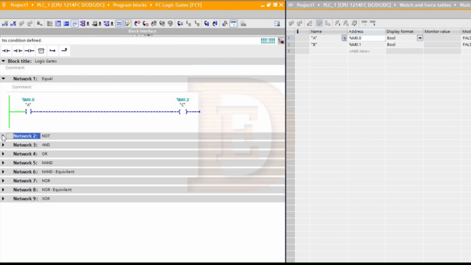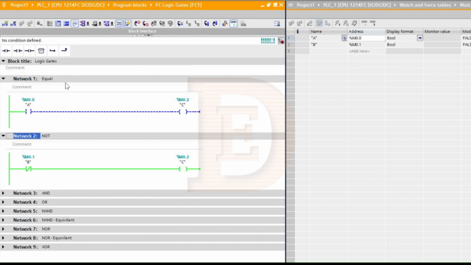So we're going to start with the two very basic operations in logic, the equal operation and the not operation, or the inverse operation. Here we're going to look at what happens if we manipulate A and B. If we see here, A is false and B is false, and when we change the values of A or B to true or false, what's going to happen to the C value here?